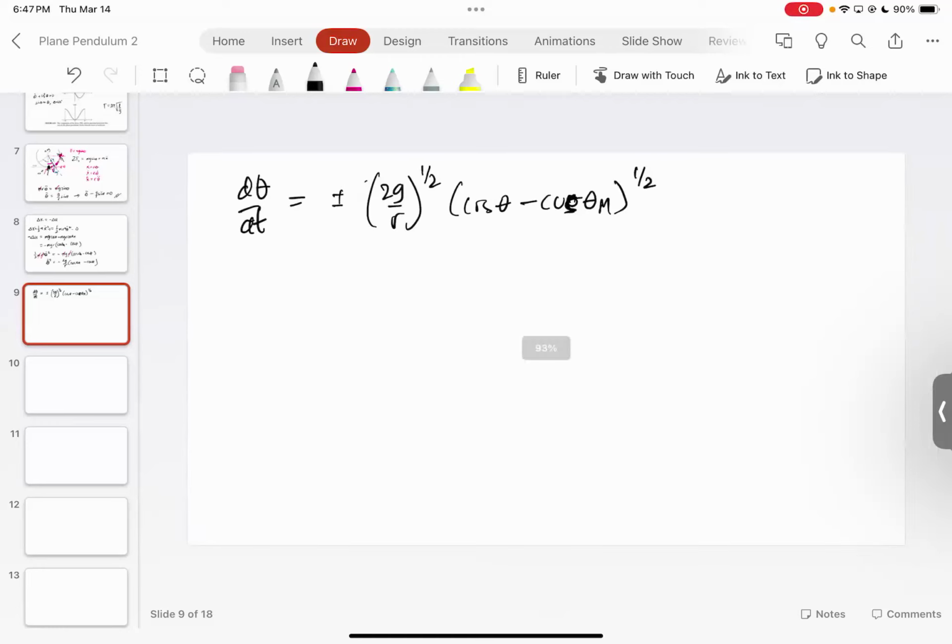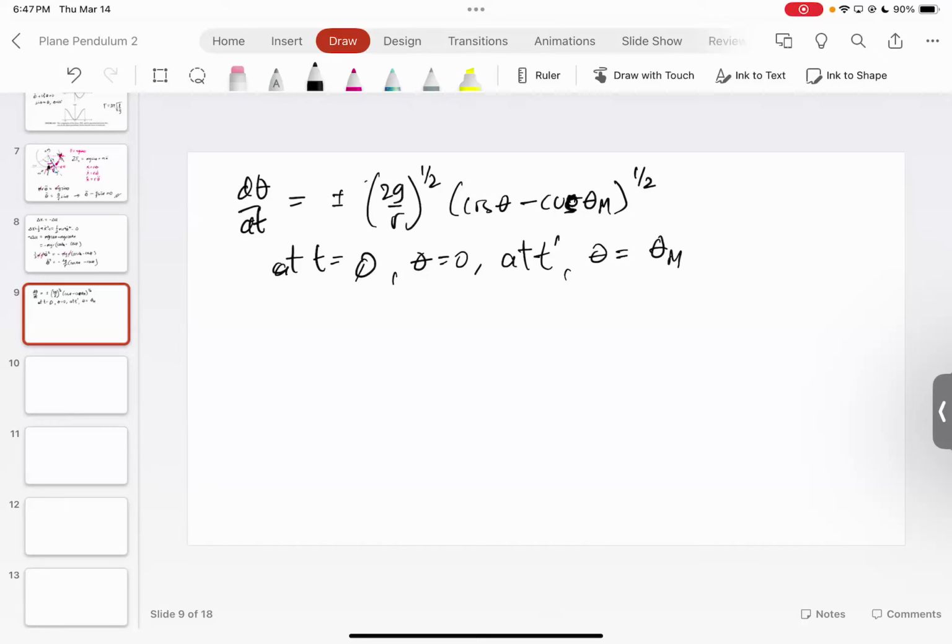So when t is equal to 0, theta is equal to 0. And then at any time t, let's say t prime, theta is equal to theta sub m.